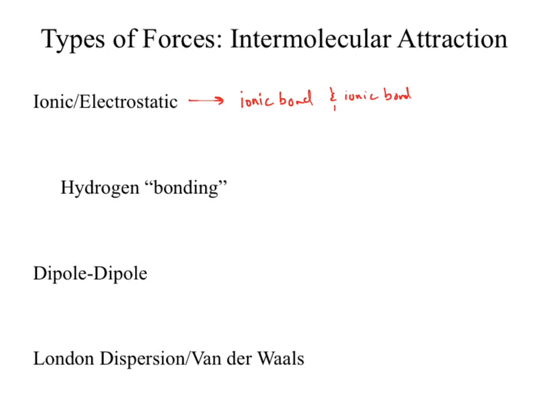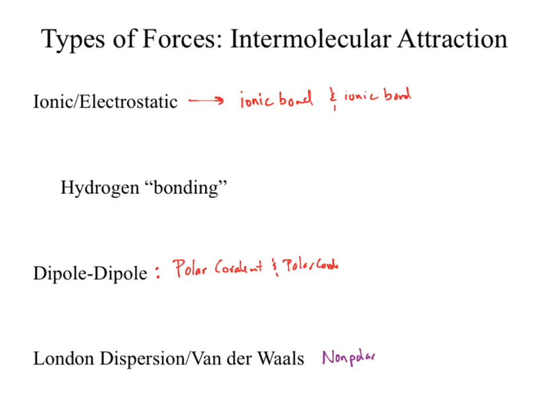How did we know that we had a dipole-dipole force? It was a dipole bond and a dipole bond. But we don't call our bonds dipole, we call them polar covalent and polar covalent. How do we know we have a London dispersion force?